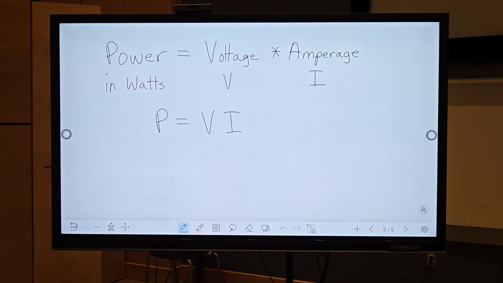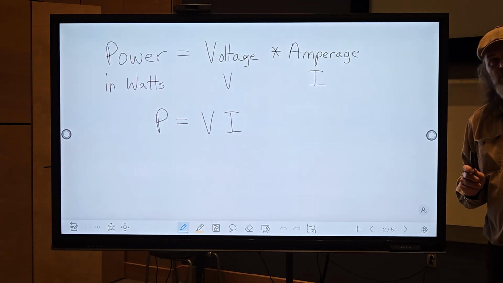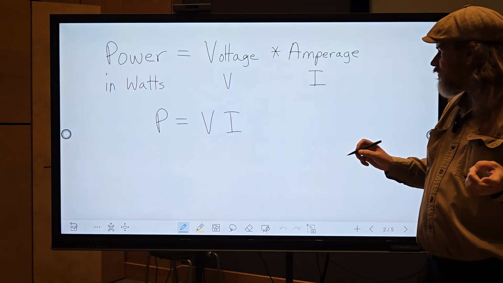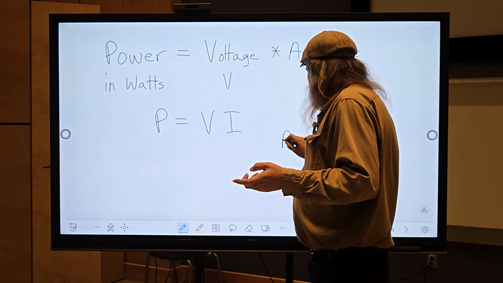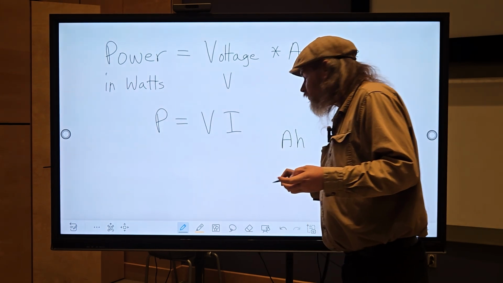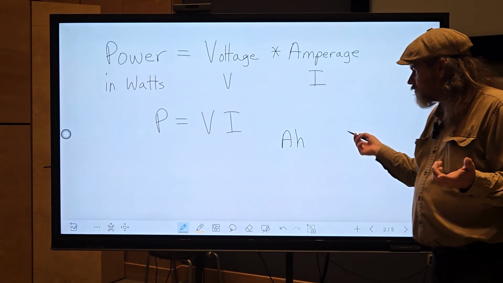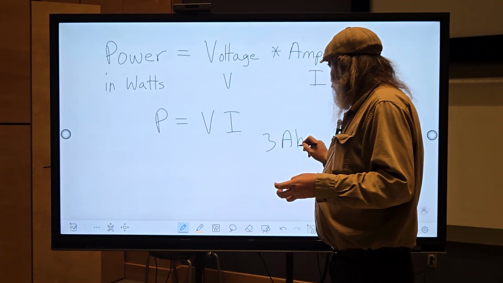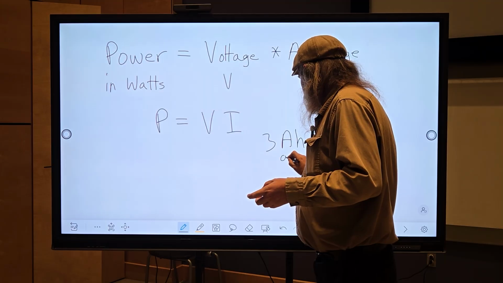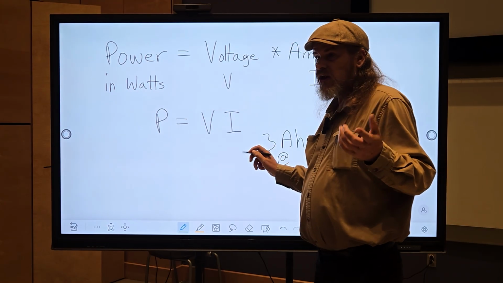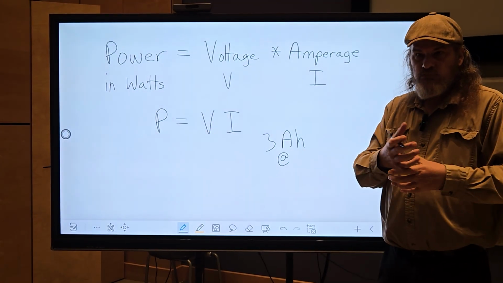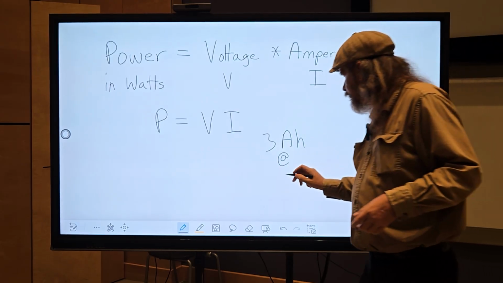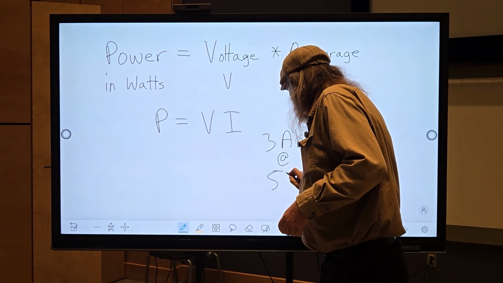A little note about electrical storage. Batteries are rated in amp hours. Say, 3 amp hours. Say it's a battery block for a USB, so that'd be at 5 volts.